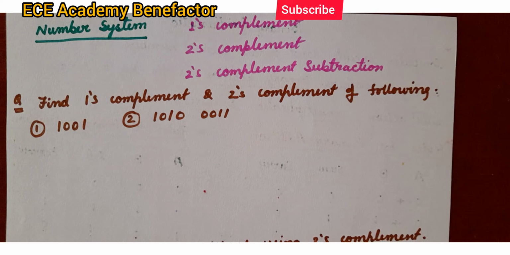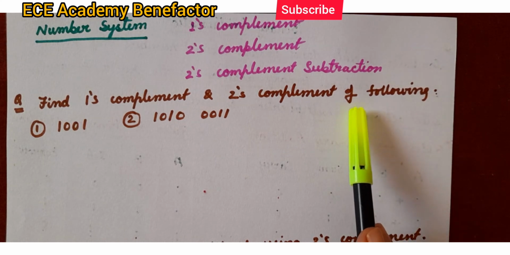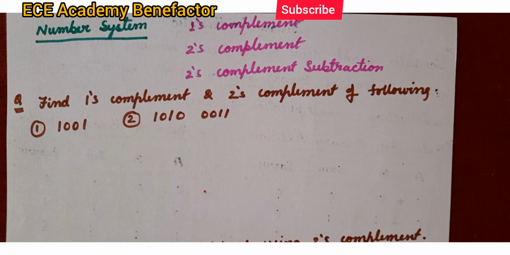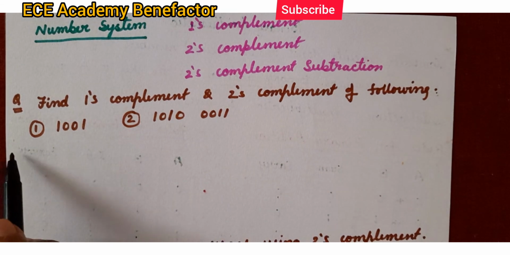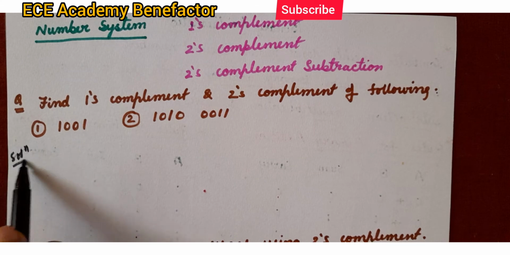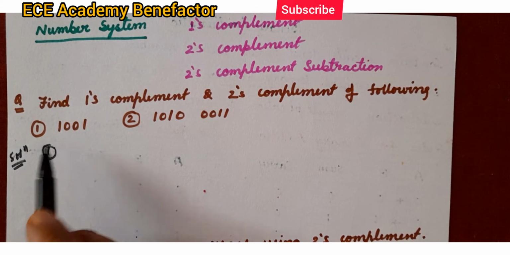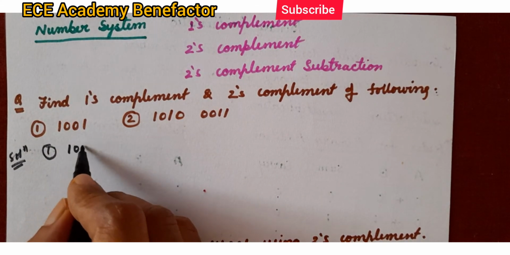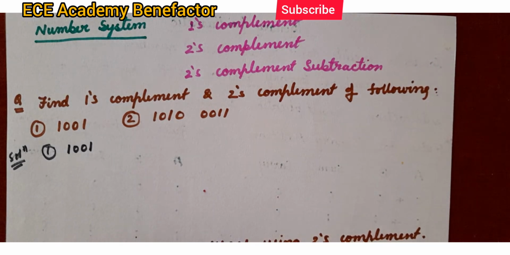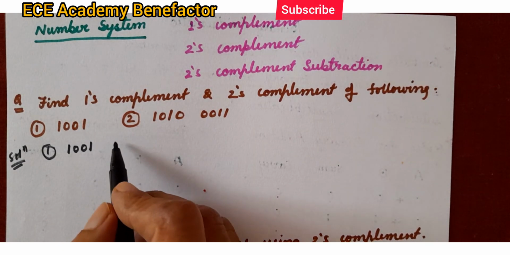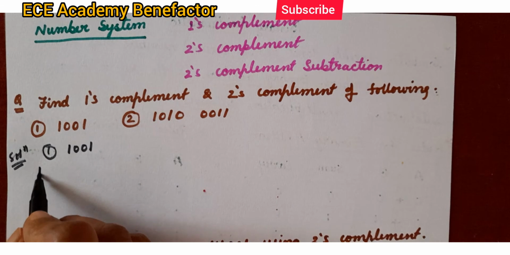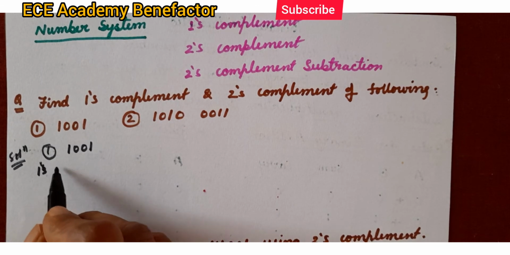The given problem is find the ones complement and twos complement of the following binary numbers. So let us start the solution. For the first question given is 1001. We have to find the ones complement.